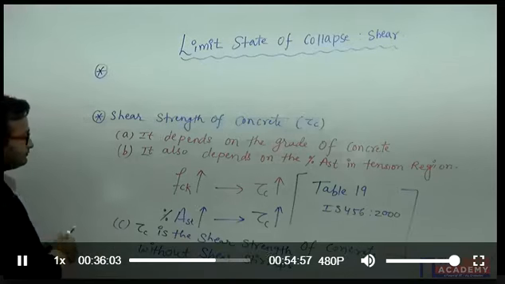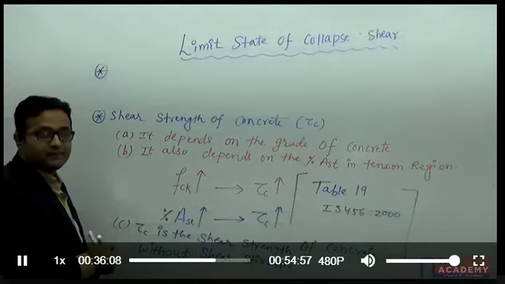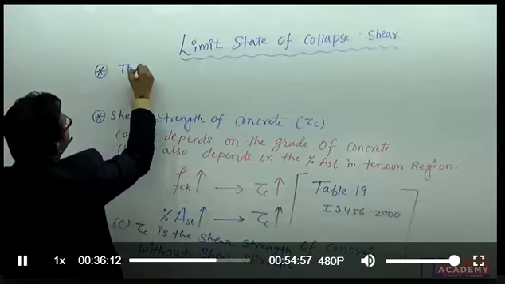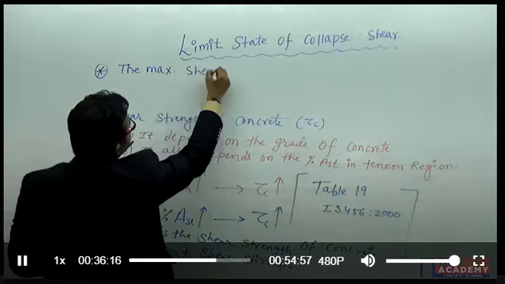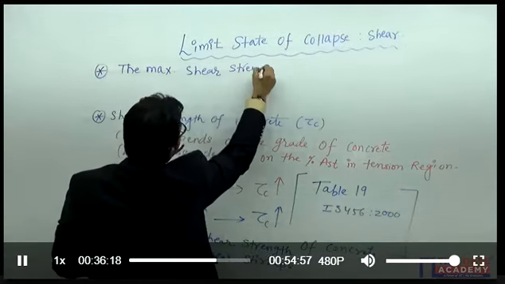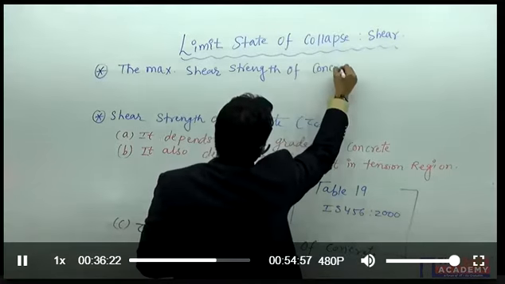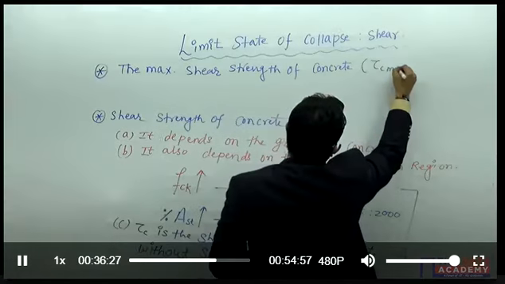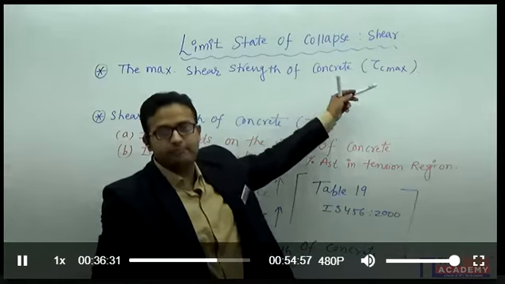Now let's discuss the maximum shear strength of concrete, which is also called tau c max.